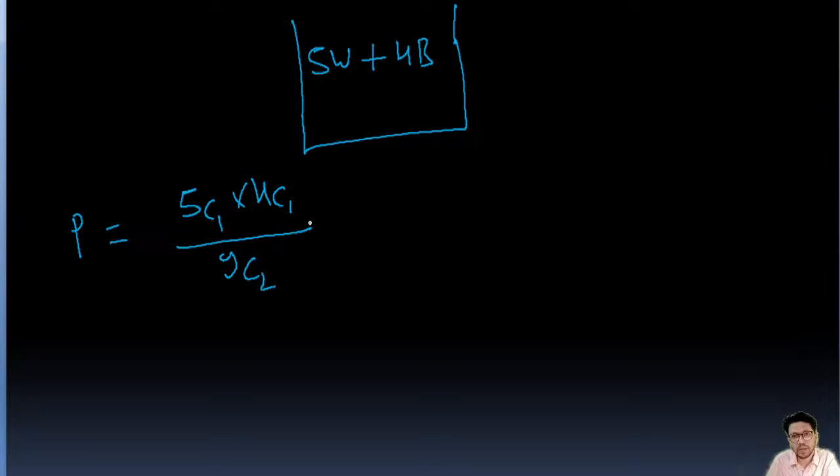Total balls are 9, and we have picked 2 balls. 5C1 means we have picked 1 ball from white, and 4C1 means we have picked 1 ball from black. So this is the formula, guys.